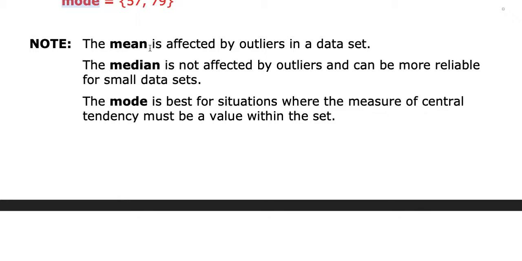So as mentioned, the mean is affected by outliers in the data set. The median is not affected by outliers and can be more reliable for small data sets. The mode is best for situations where the measures of central tendency must be of value within the set.